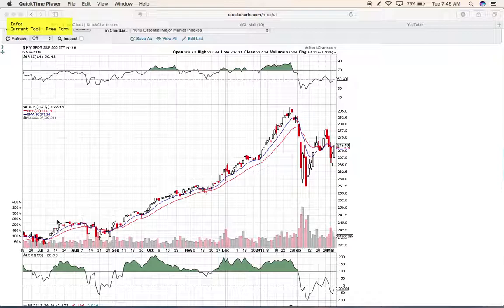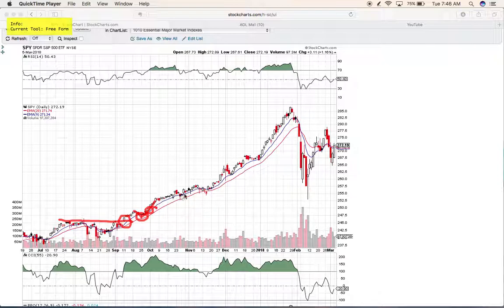You see where the S&P, back in July, August, hit resistance right around here, and it broke out right here. It pulled back a little bit, just about to that same level, and then it broke out here. So there's the initial breakout, there's your pullback, and there's your secondary breakout right up here.